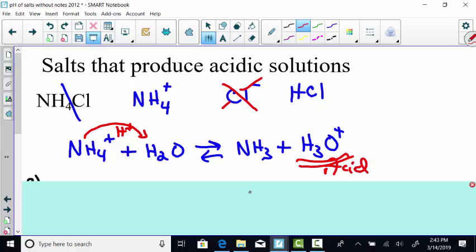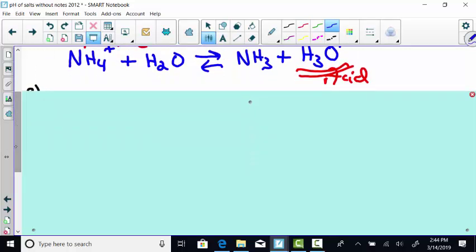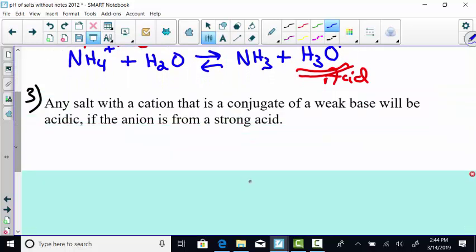That is our acid molecule. Okay? Now, I don't have a lot of these for examples, so this is essentially the definition. Any salt that has a cation that is a conjugate of a weak base, and the anion is from a strong acid, will produce an acidic solution.